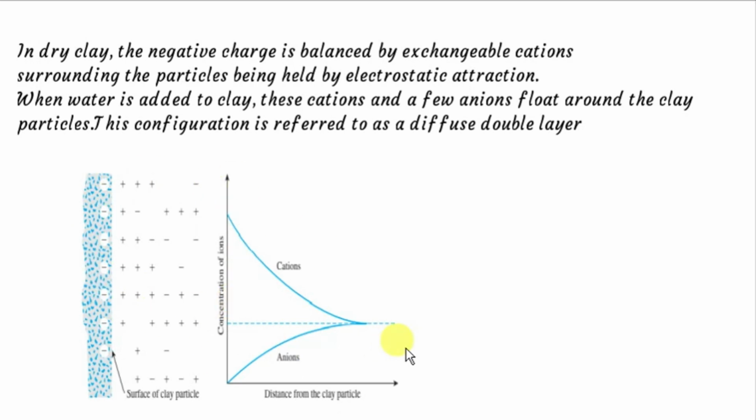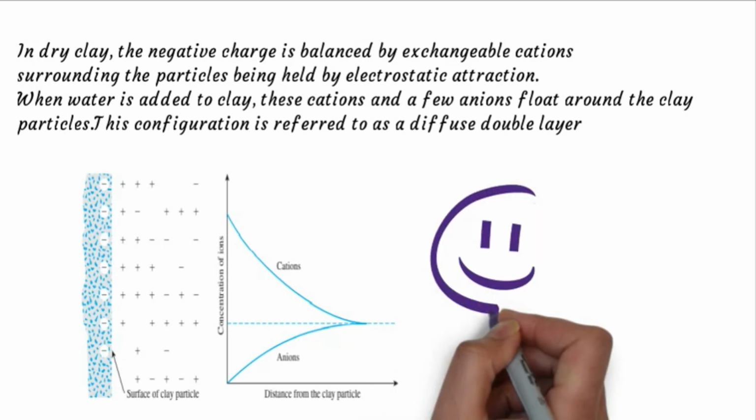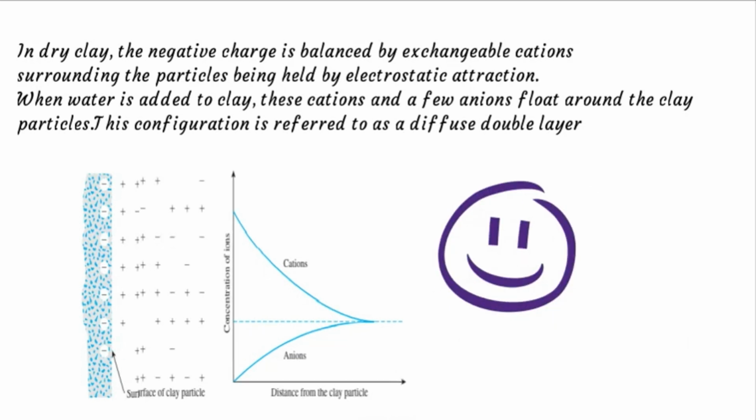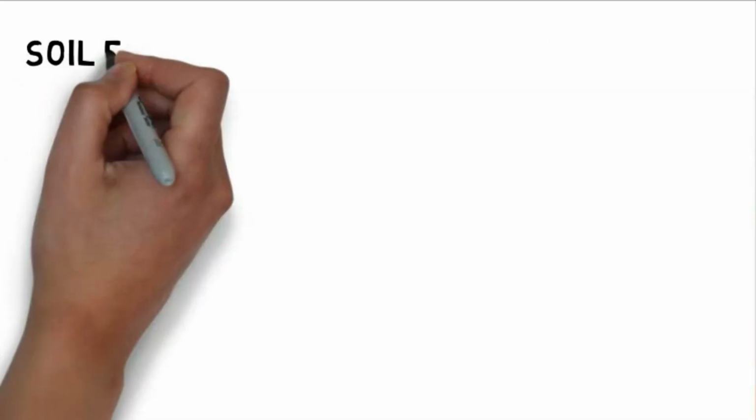Earlier we saw the double layer water, and now we are seeing a diffuse double layer. This is generally known as diffuse double layer theory, where the cation concentration decreases as we go away from the clay particle. So, hope you understood clay mineralogy, and let's now understand the soil fabrics.